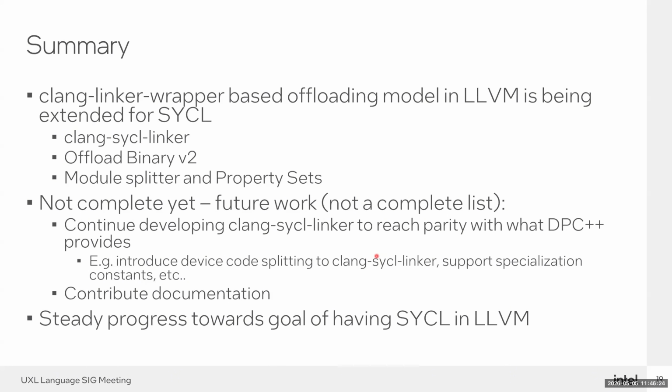What I described before. So if, for example, a specialization constant is some structure with multiple fields, SYCL runtime will need to pass this information to the device compiler during just-in-time compilation.